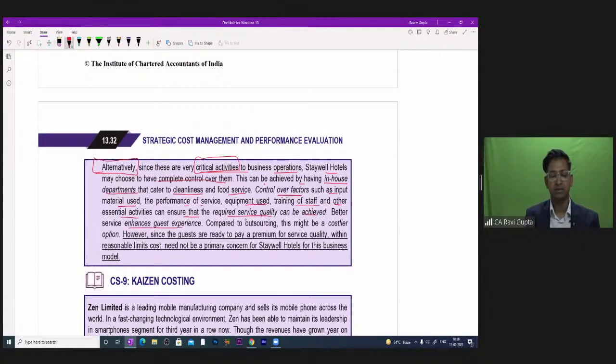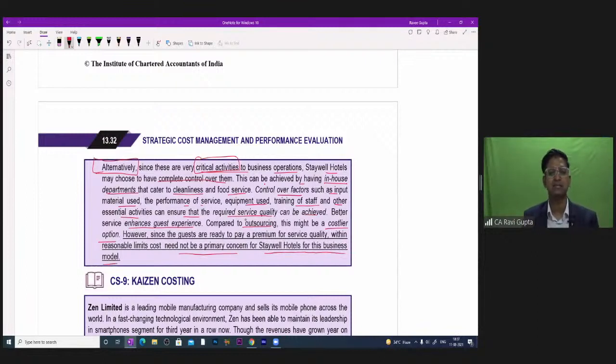Better service enhances guest experience compared to outsourcing. This might be a costlier option. However, since guests are ready to pay a premium for service quality within a reasonable limit, cost need not be a primary concern for the Stay Well hotel in this business model.